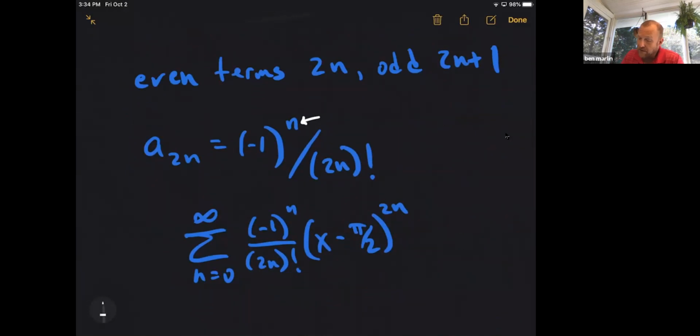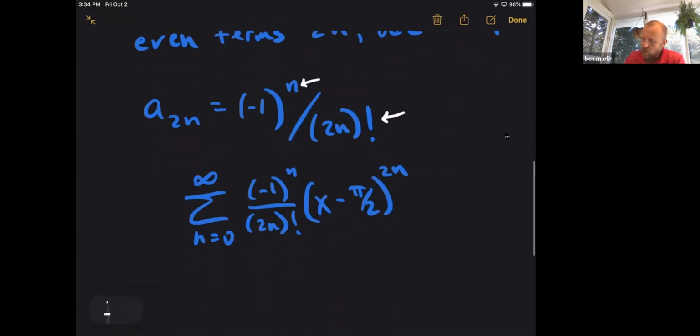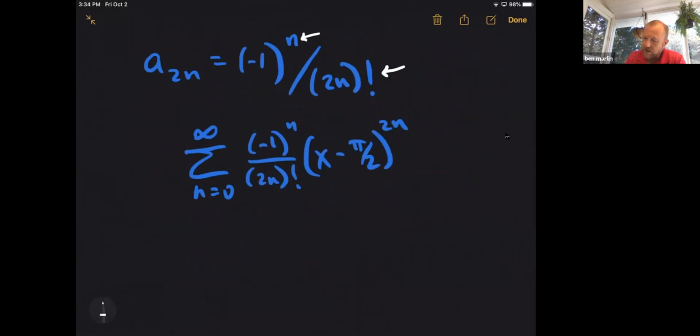Okay, and then we're dividing by the 2n factorial because that has a 2n in that subscript, and we know that we're supposed to divide by that same factorial down there. So once you've got that going, then you can just write this a sub 2n down here as your coefficient. And because our center was pi over 2, we say x minus pi over 2 to the power. And the power we have is the 2n because those were the coefficients that we actually had that were not zeros. Okay.